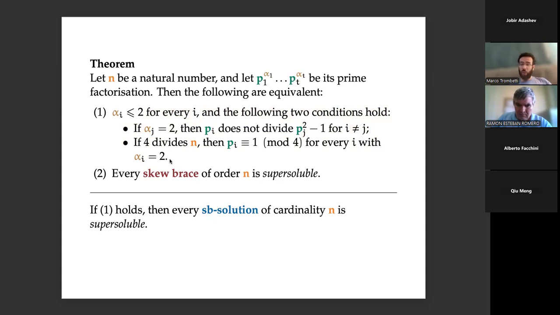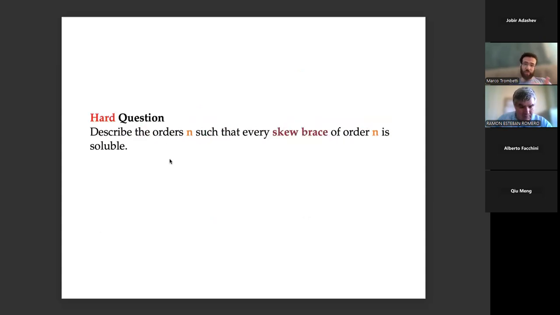I think there is one open problem, which is, of course, very hard. You can think, okay, we thought about nilpotency conditions, but what about solubility conditions? Can we describe the orders such that every skew brace is soluble in some sense? There are many senses in which a skew brace can be soluble, the weakest and the strongest one.